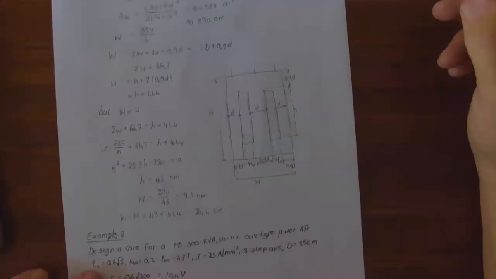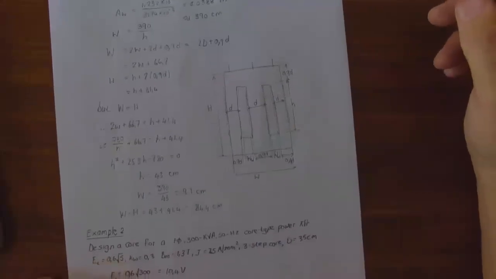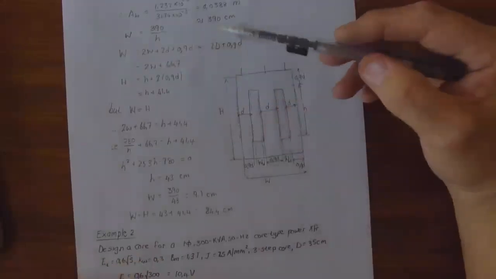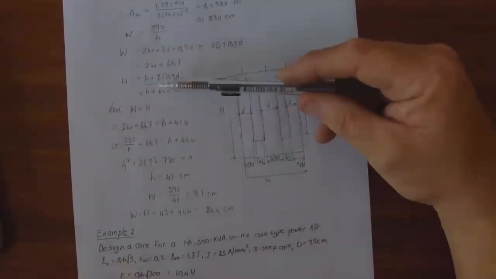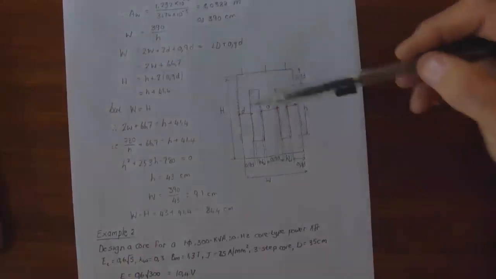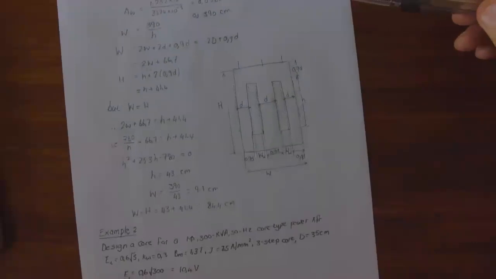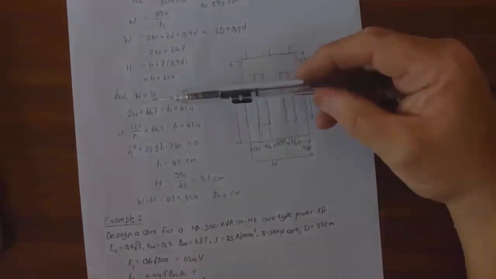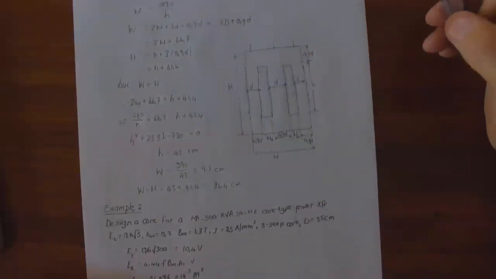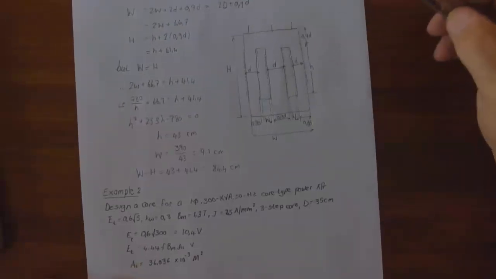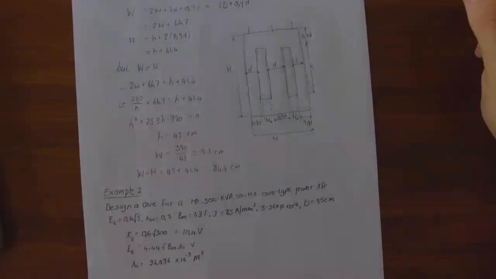And if we substitute it in there, we get that W is 2W plus 66.7. H is small h, which is 2 times plus 2.9D. And if we substitute that back into our equation, and remembering that W is equal to height, we find that our width and height is 84.4 centimeters.